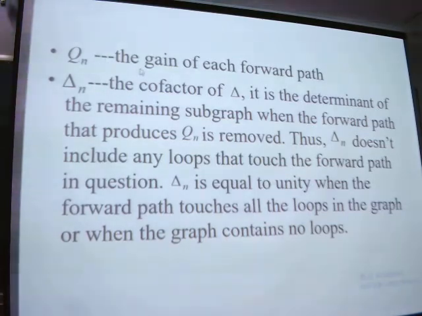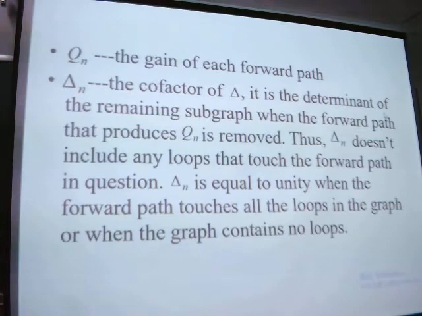Pk is the gain of each forward path. P1 is the gain of the first forward path. P2 is the gain of the second forward path. Delta k is the cofactor of delta.